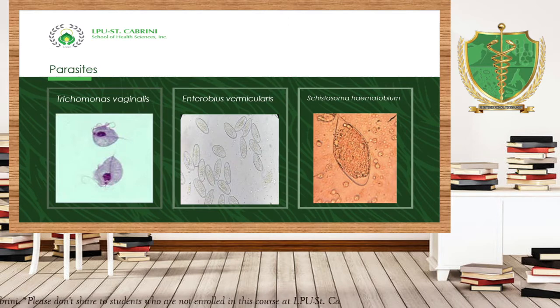As per Enterobius vermicularis, that is only on contamination, or if the urine has fecal contamination. But please take note of this. Trichomonas hominis can also be seen in the urine. Okay, so these are the most common parasites that can be seen in the urine. Okay, so kung matatandaan nyo pa, si Schistosoma haematobium, meron siyang terminal spine. Kaya siya ay nagko-cause din ng hematuria, no?